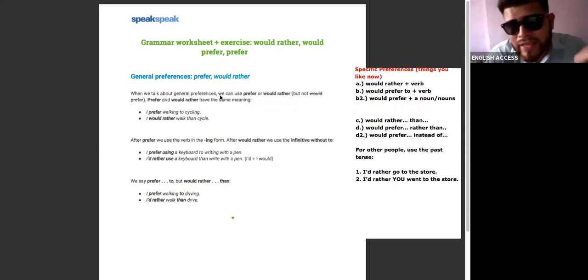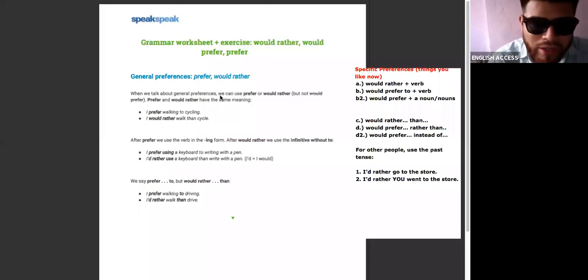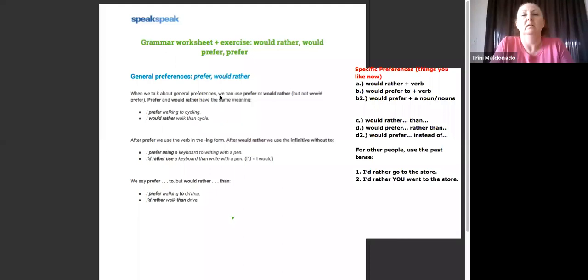Like I could say, I prefer green mole to red mole because in general, I like green mole the most. I would rather eat green mole than red mole, especially with tamales. But that's another story.